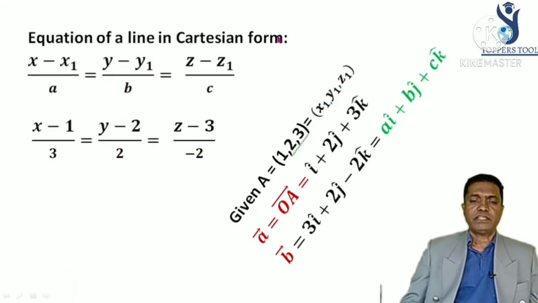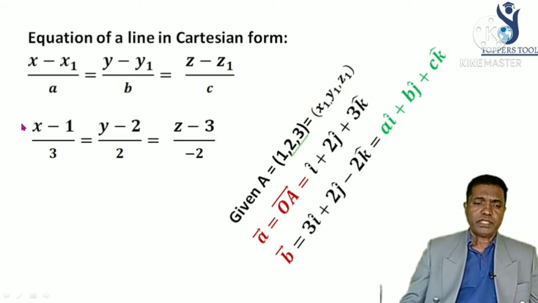The equation of a line in Cartesian form is given by x minus x1 by a, y minus y1 by b, and z minus z1 by c. So x1, y1, z1 are these points. So substitute here, and a, b, c are the coefficients of i, j, k in vector b. So substitute the coefficients in this. So this is the Cartesian equation, or Cartesian form, of the given required line.